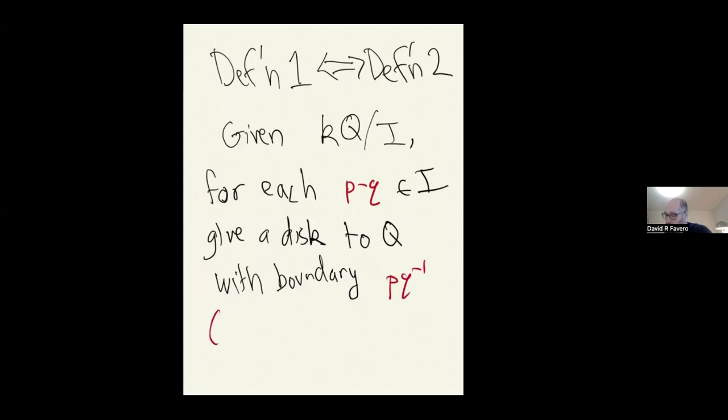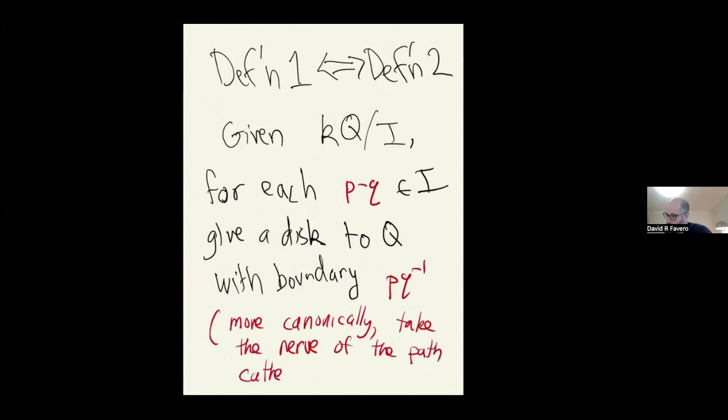I'm omitting this from my talk today, but there's something more canonical you can do, which is to take the nerve of the path category. There's a more canonical topological space which has much better properties with respect to how this algebra behaves.